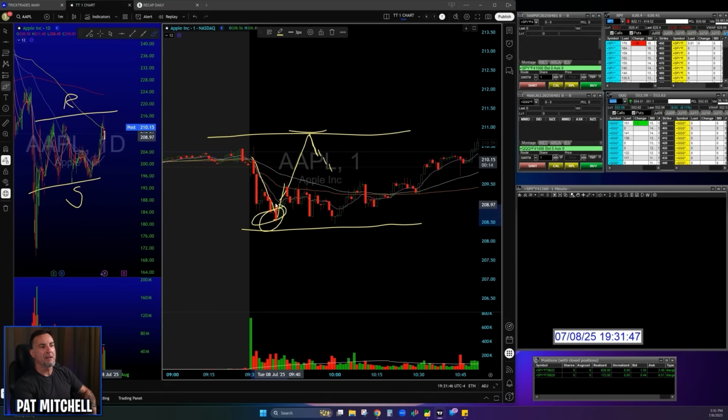People that were long here, they bought here, they are going to sell here. It's the old saying of buy low, sell high. Well, this level here is the low, and this level here is the high. So you buy low, sell high, right? When you buy it, it's going to come up. You're going to have hundreds of thousands of traders in it buying that stock. It's going to cause it to go up.